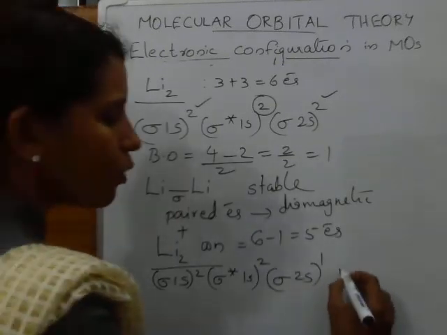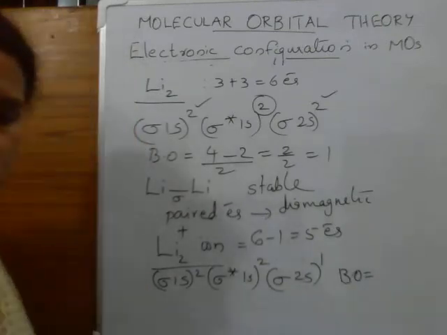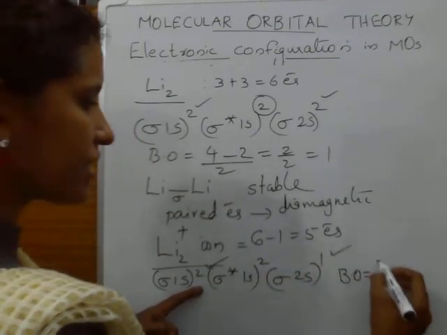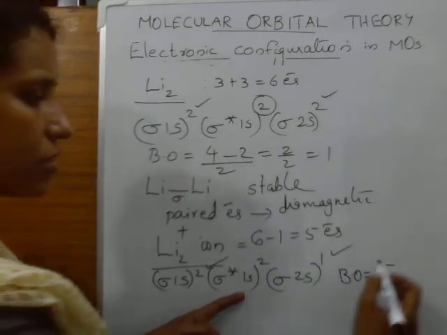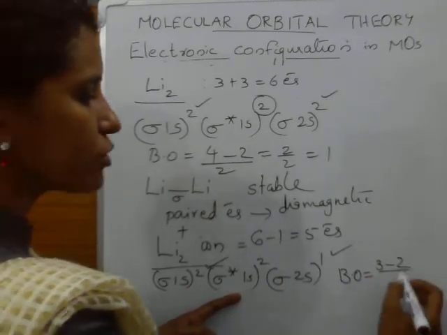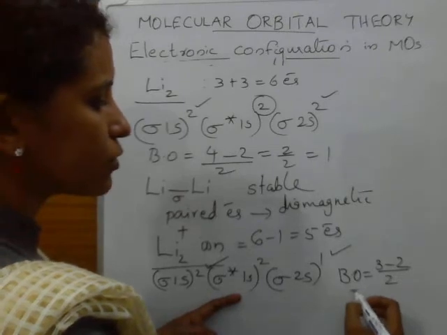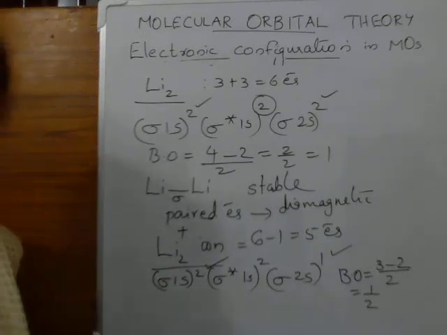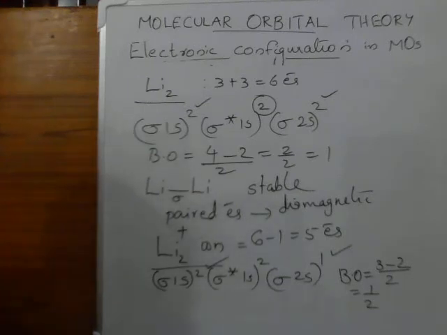If you determine the bond order: bonding electrons 2 plus 1, 3. Antibonding electrons 2. 3 minus 2, by 2, which is equal to 1 by 2. This is also stable because bond order is positive. Bond order can be a fractional value also. That is partial single bond character.